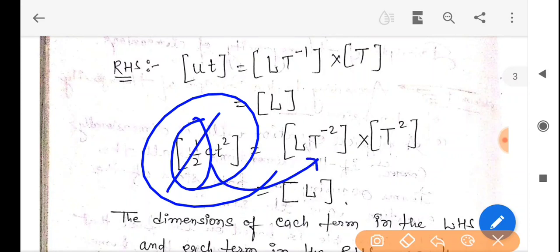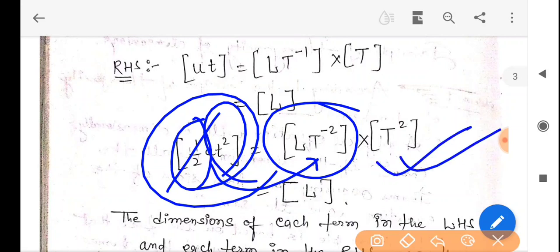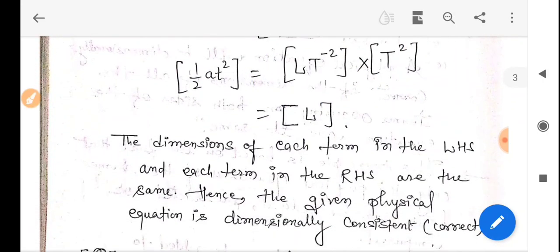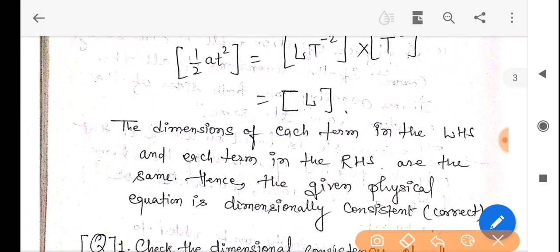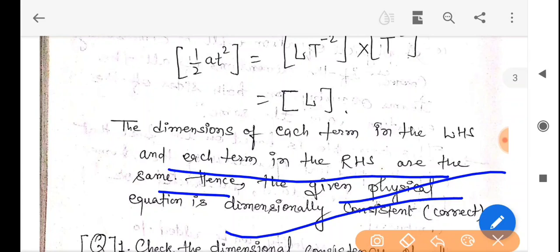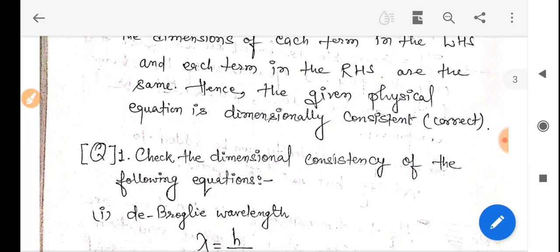The dimension of a is L T to the power minus 2, because this is acceleration, rate of change of velocity, and T square cancels out, so we are left with L. Thus the dimension of each term in the LHS and the RHS is the same, hence the given physical equation is dimensionally consistent or dimensionally correct.